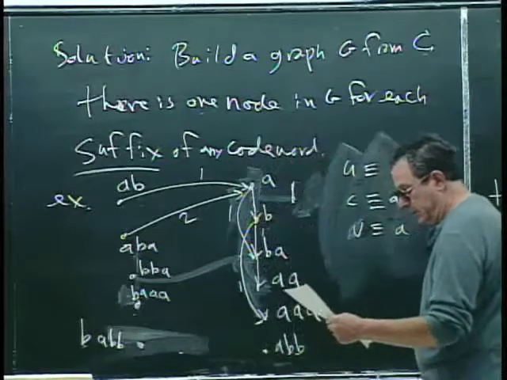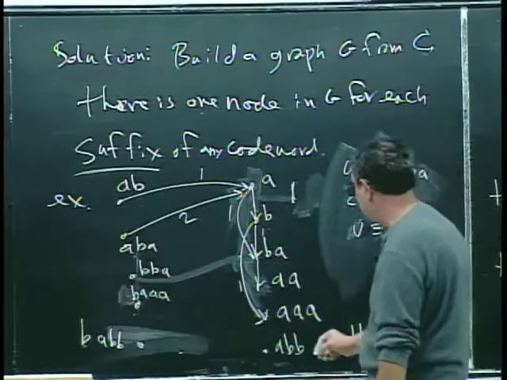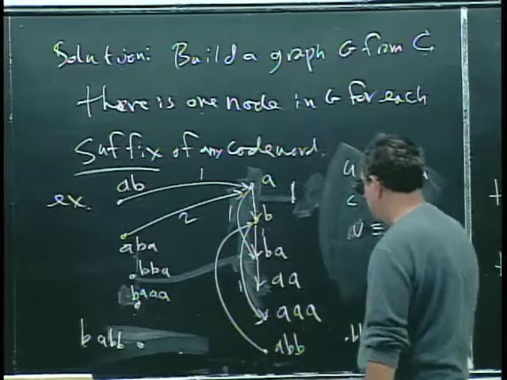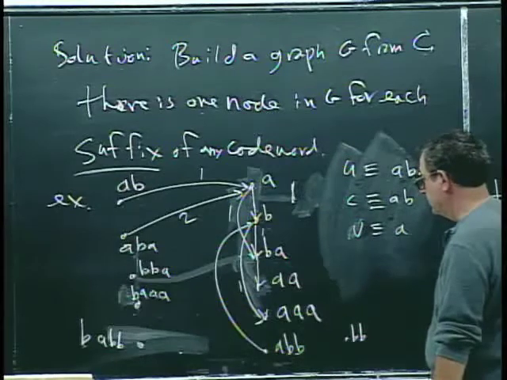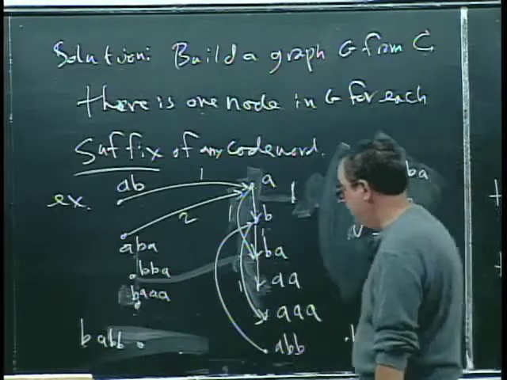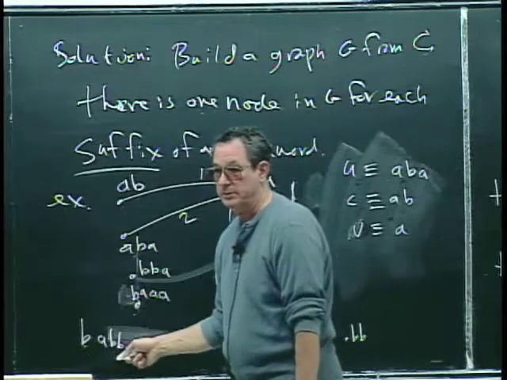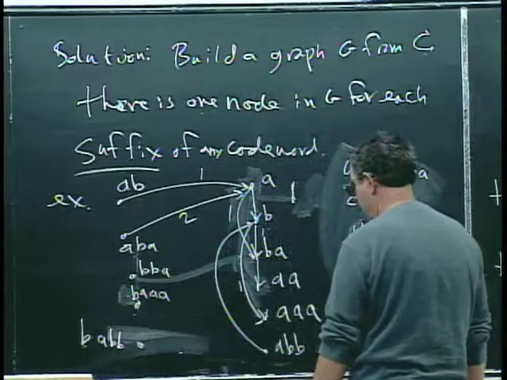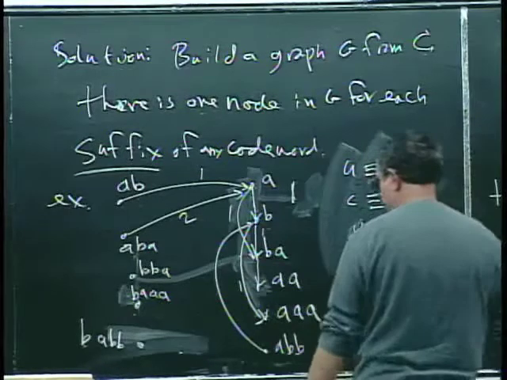And now we have ABB goes to B, and why is that? Because you have BABB, which is a suffix, is equal to, we want it to be type 2, so this should be a code word.